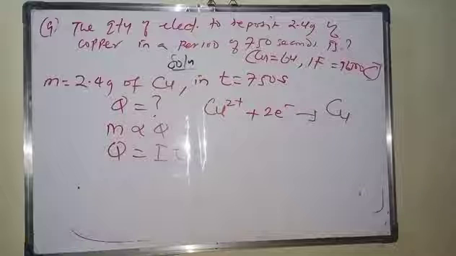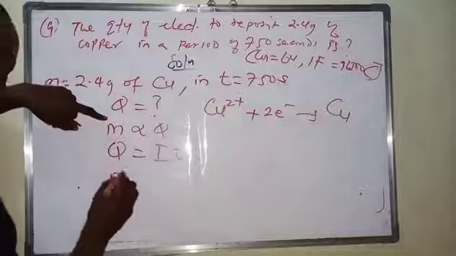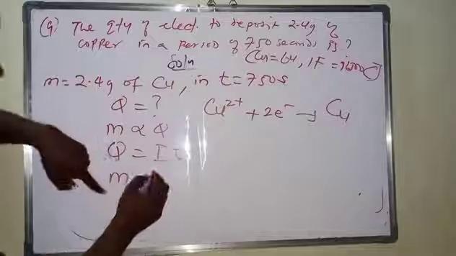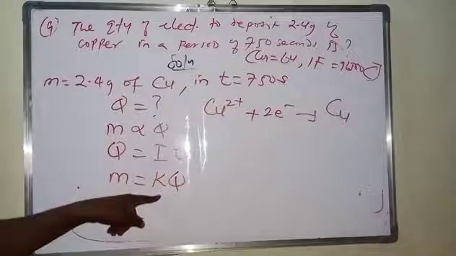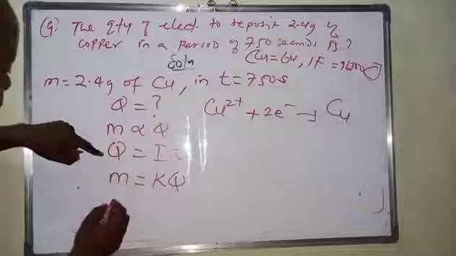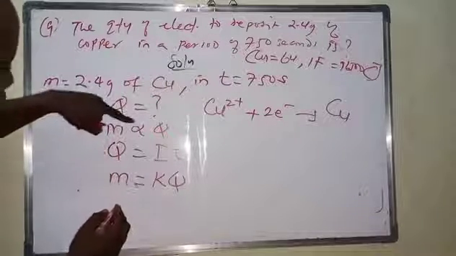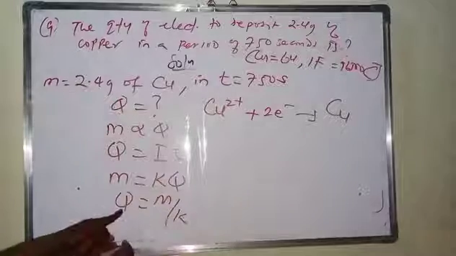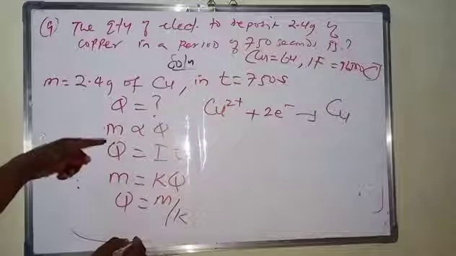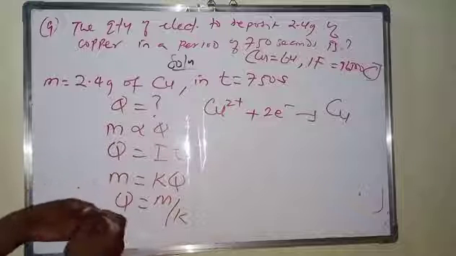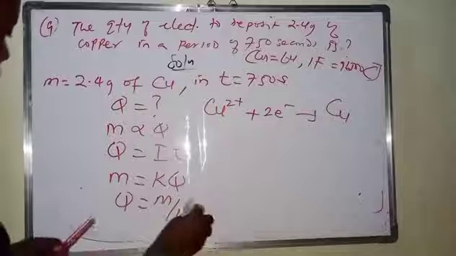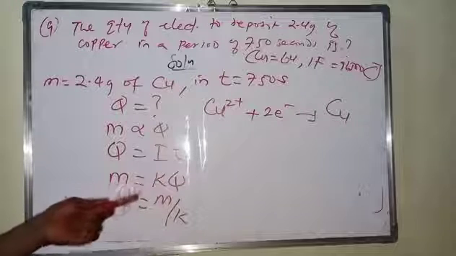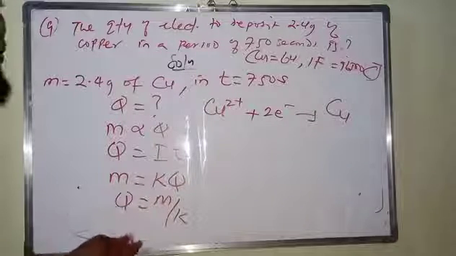Somebody would have said that if M is equal to, if we rewrite this and transform this into equalities, I would have needed a constant K. So if this is to be substituted here, in place of Q, we could have said Q is equal to M over K. If K is known, we could have simply used it, but K is not known.